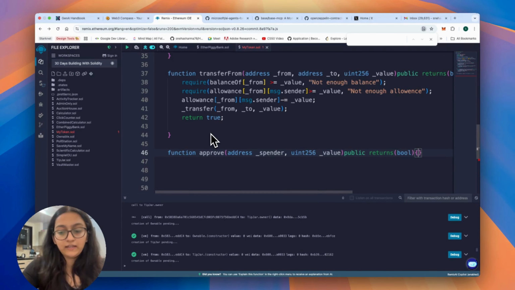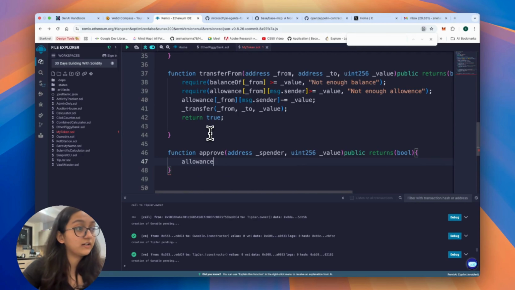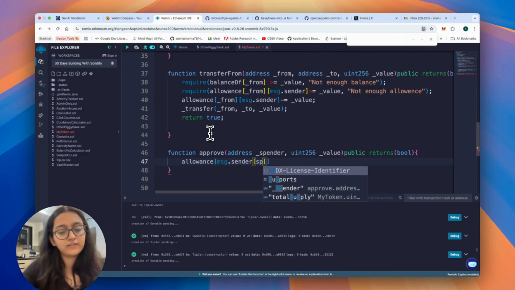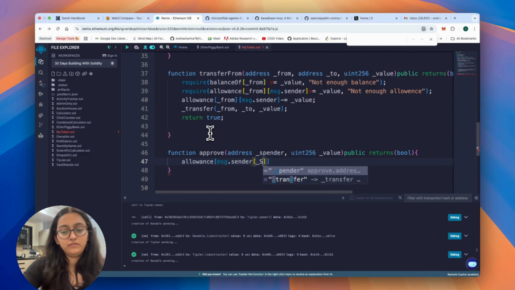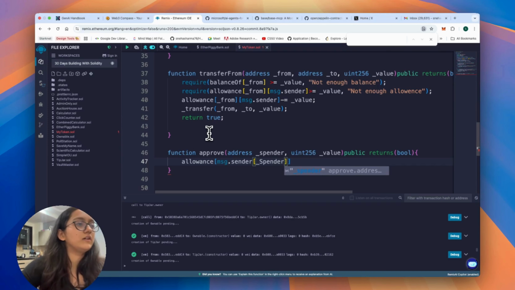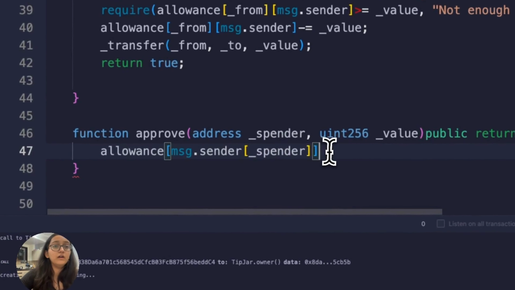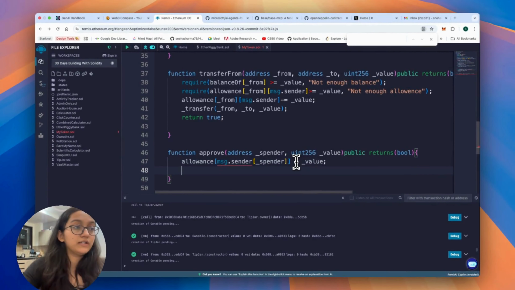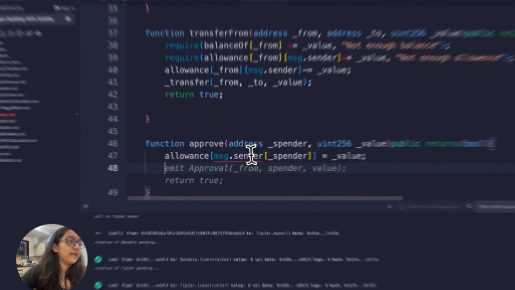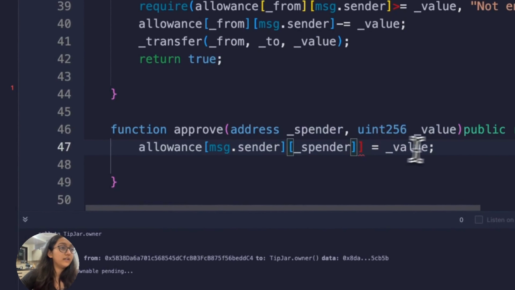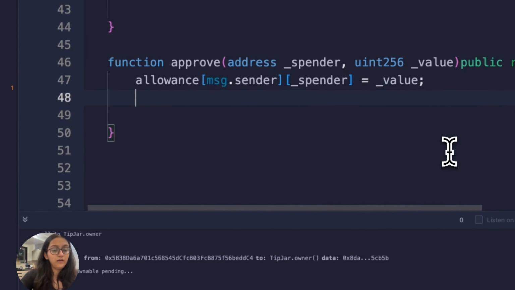And then we say, hey, let's check allowance of message.sender with the spender, right? Okay, allowance[msg.sender][_spender] is equal to _value. Here it's different, right? We're saying it has to be equal to the value. Okay. And then we say, okay, emit.